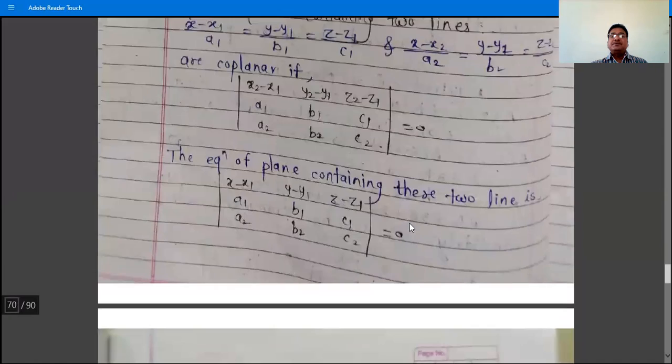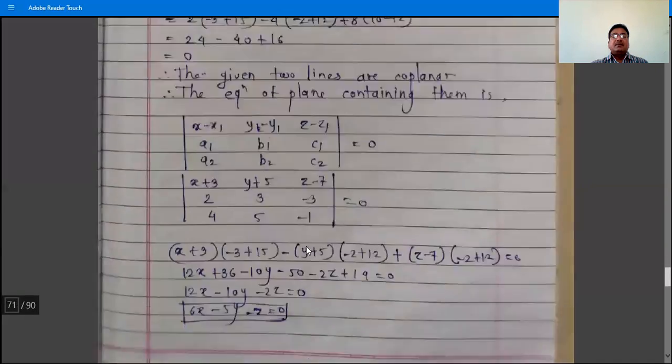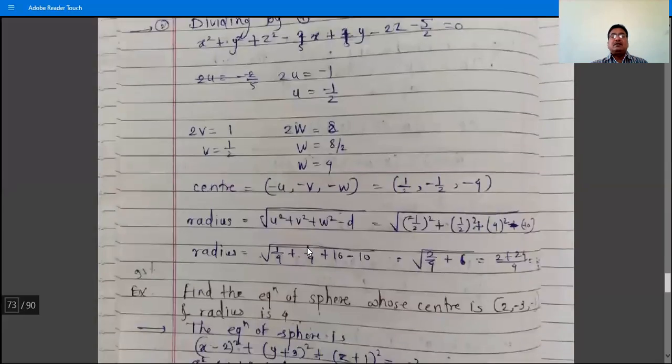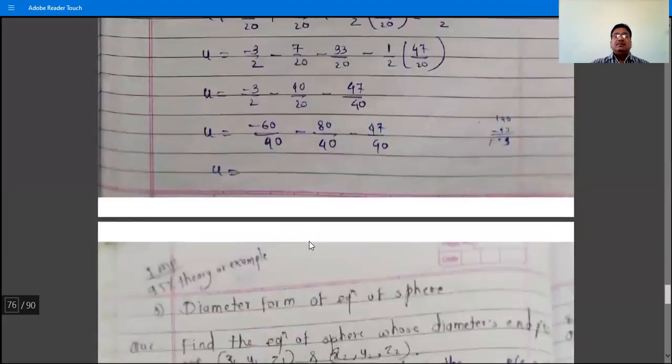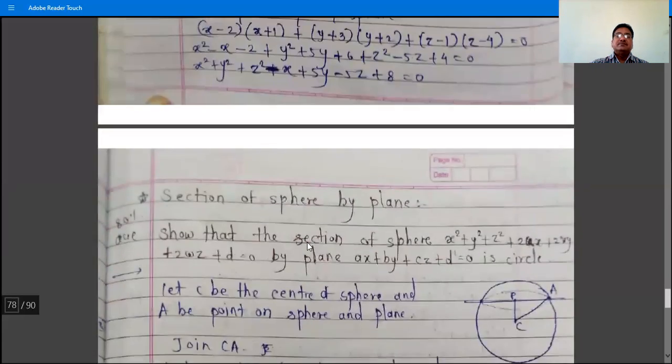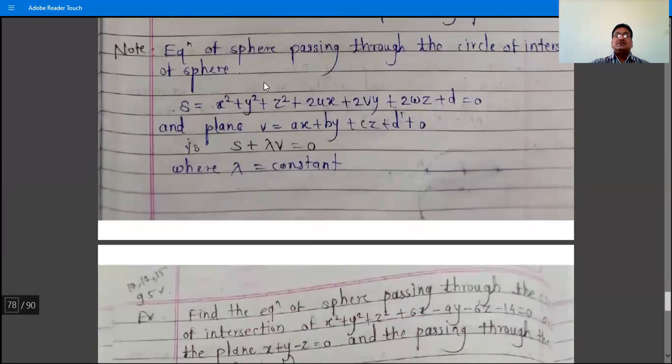The intersection of a sphere and a plane is a circle, and we have to find the equation of a sphere passing through that circle. If the equation of the sphere is denoted by S, that is the LHS of the sphere, and V is equal to 0 is the equation of the plane, then the equation of the sphere passing through this circle is S plus lambda V is equal to 0.